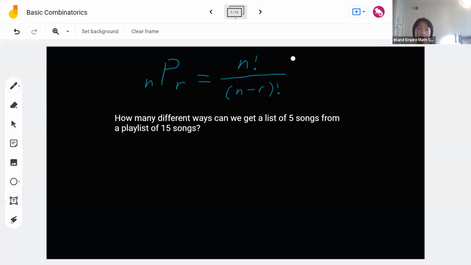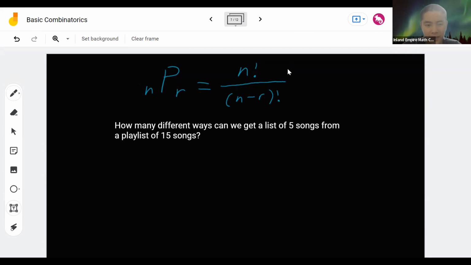Okay, cool. So here is pretty much what you guys just came up with, right? This equation here looks kind of scary, but it's the exact same thing that we just did. So what nPr notation means is that you're trying to choose r officers from n people.